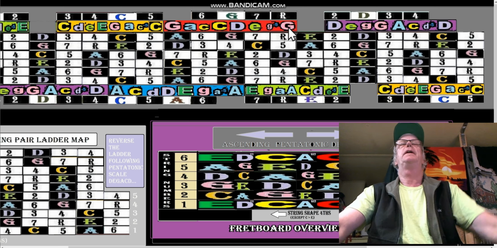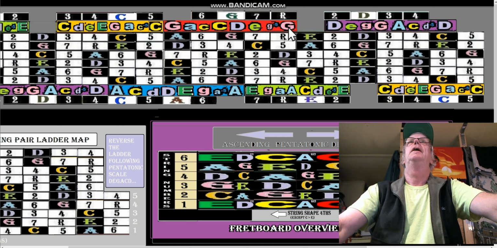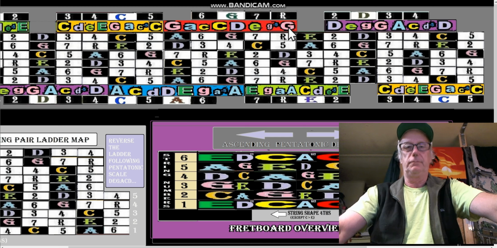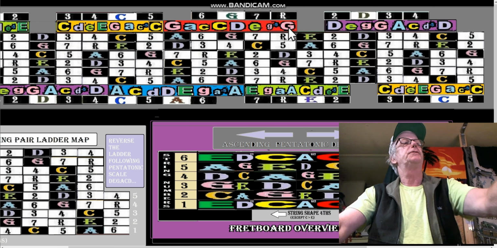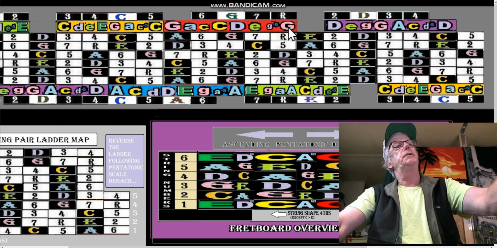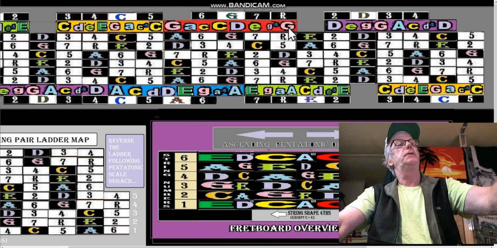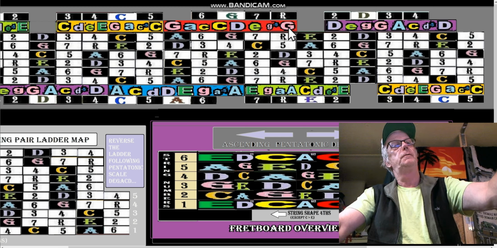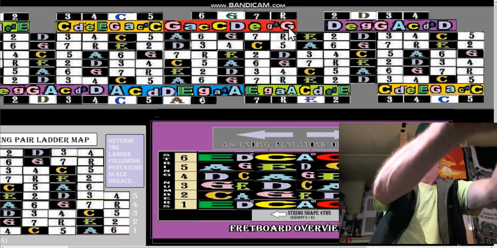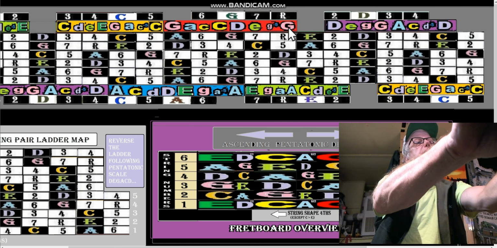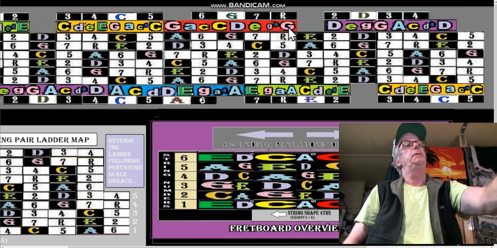So let's not get into that, because we talked about that. I could do a whole lesson on minor pentatonics. Again, there's 3 ways to do it. From E minor, you can do, say, the key of G. Or you could do it off of the root.